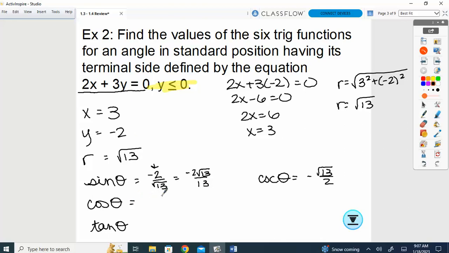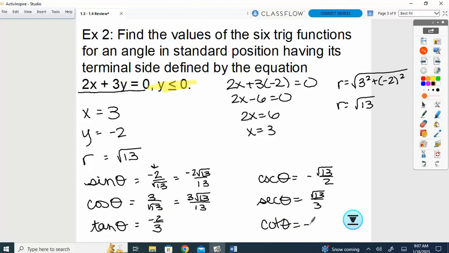Cosine, x over r, is 3 over radical 13, or 3 radical 13 over 13. Reciprocal would be radical 13 over 3. And tangent, y over x, is negative 2/3. So that means cotangent theta is negative 3/2.